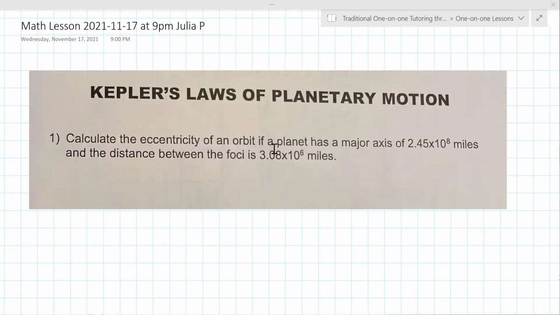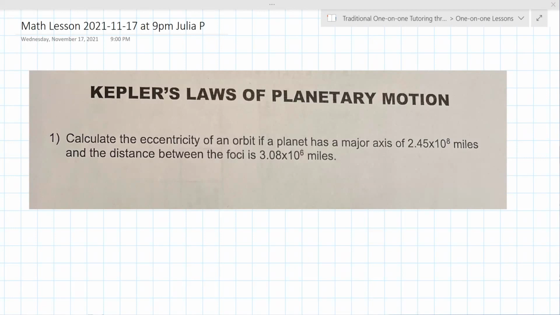2.45 times 10 to the 8th miles, and the distance between the foci is 3.08 times 10 to the 6th miles. Do you have an equation for eccentricity? Let me see.